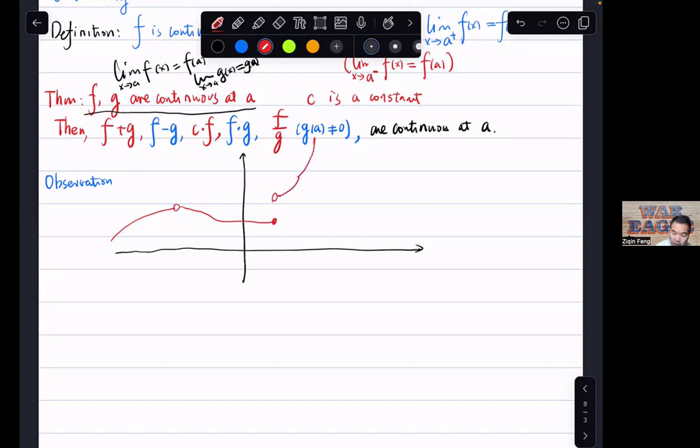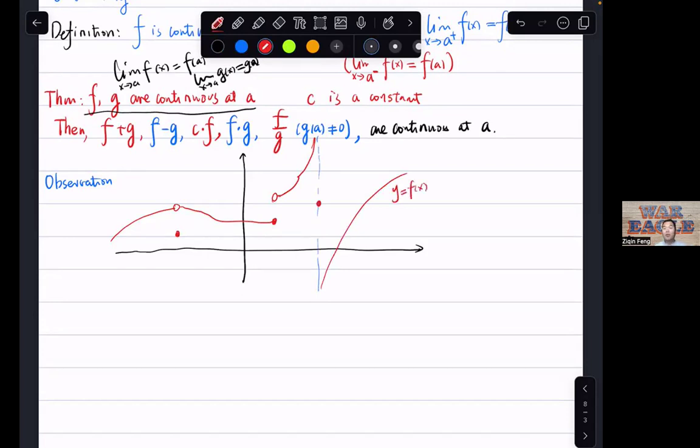Or sometimes you have a vertical asymptote. So this is our vertical asymptote. But at a vertical asymptote, you might still have a function value. So then you have the red function value, somewhere here. So this is our function y equals f of x.